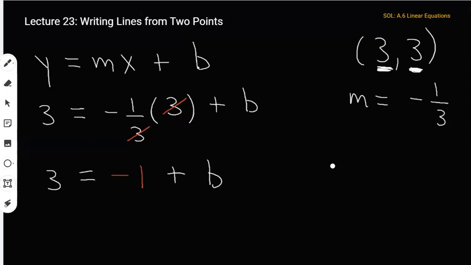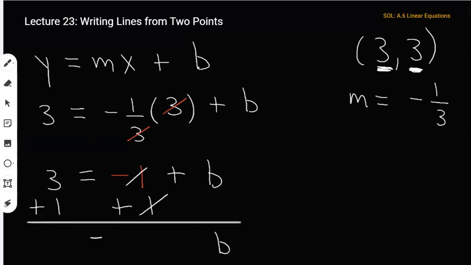So how can I get rid of a negative 1? You can add 1 to both sides, right? And then 3 plus 1 is going to be 4. That's going to be my y-intercept.